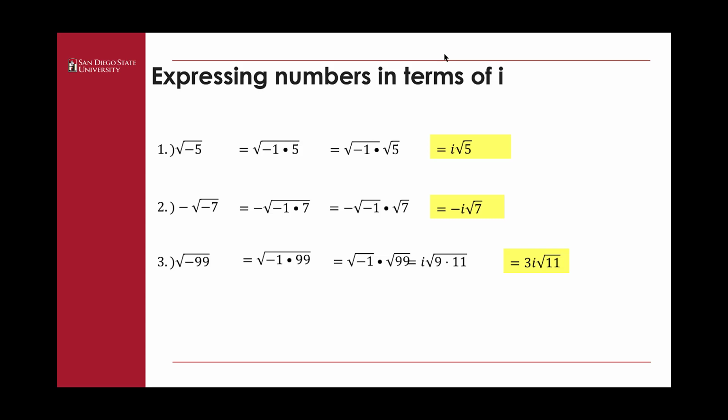And square root of -99 would be, of course, square root of -1 times 99, and this would be i times square root of 9 times 11 in the square root. And we can put 9 out of the square root function, and we will get 3 times i times square root 11.